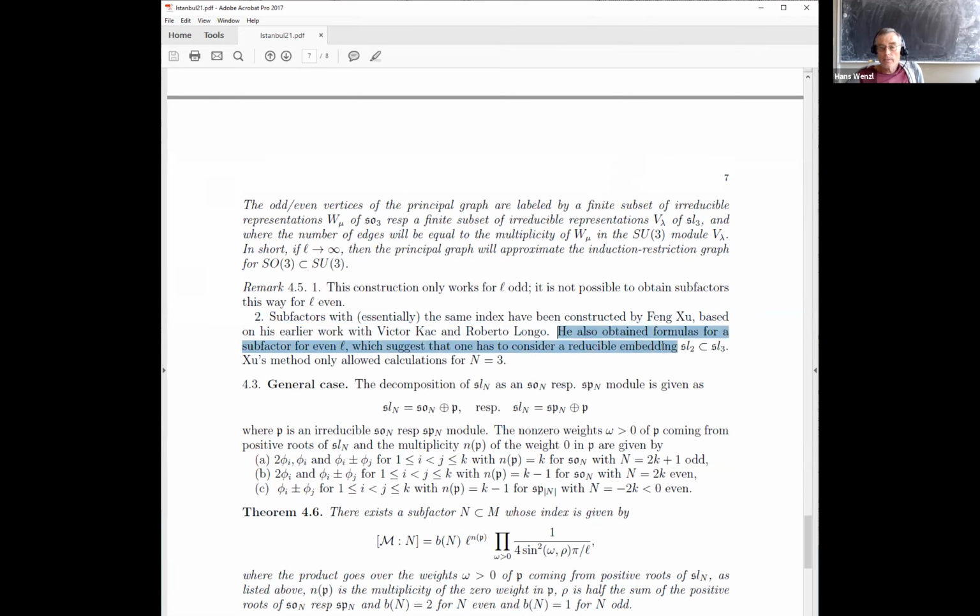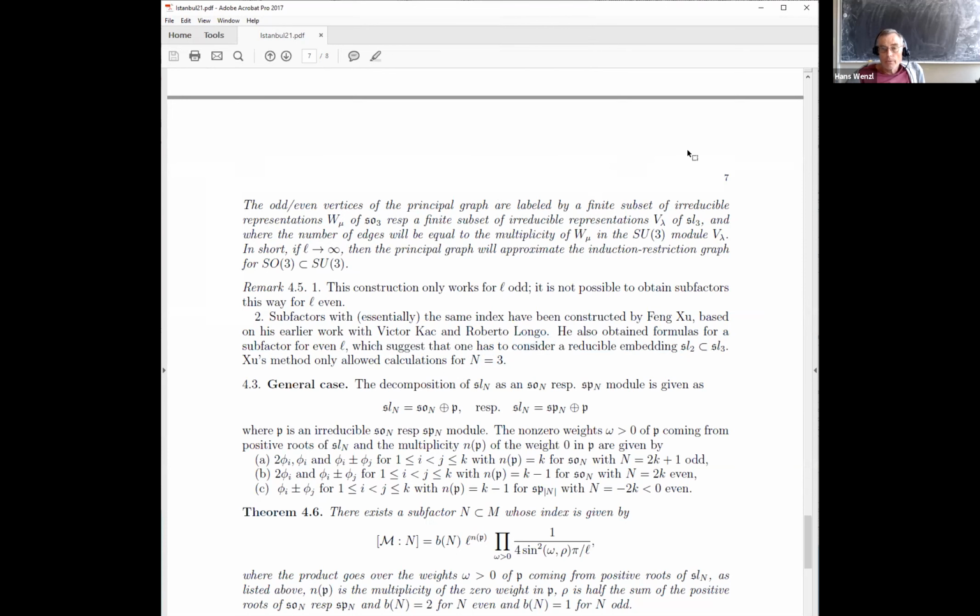And there, for L even, you need to find a different embedding, namely SL2 into SL3 in the normal way. So again, this is maybe a conceptually more interesting thing, but it's very hard to calculate anything with that approach. And so Xu's method only applied, he could only do it for n equals 3.